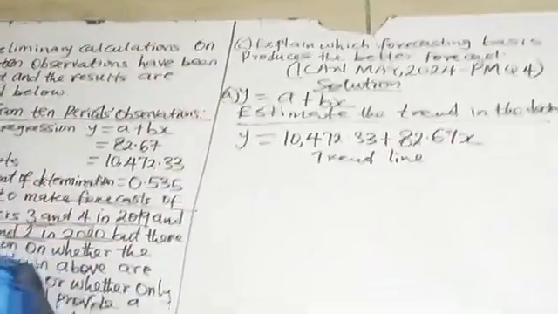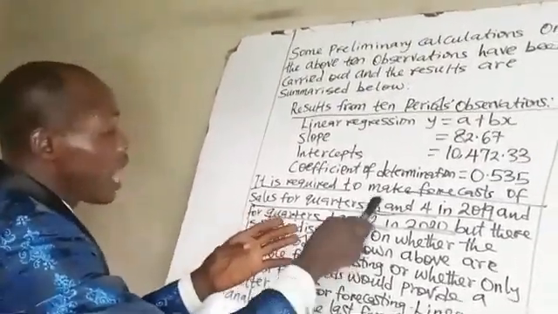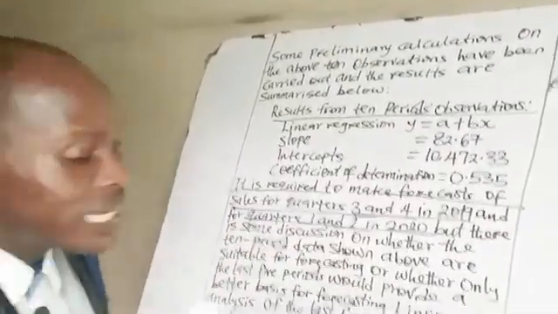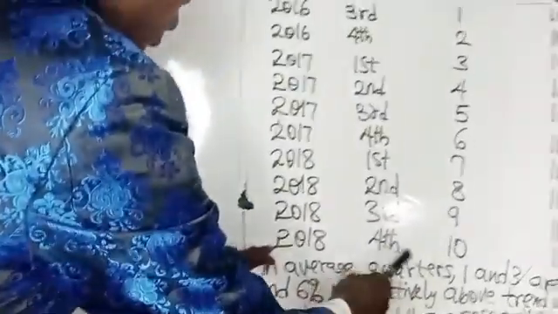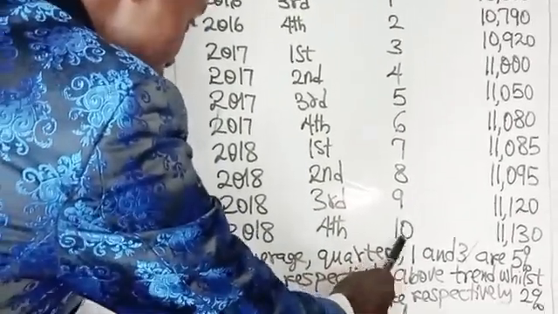Remember, you want to forecast sales of the 3rd and 4th quarters in 2019. But if you look at the results given here, the last quarter, the 4th quarter of 2018, is 10.